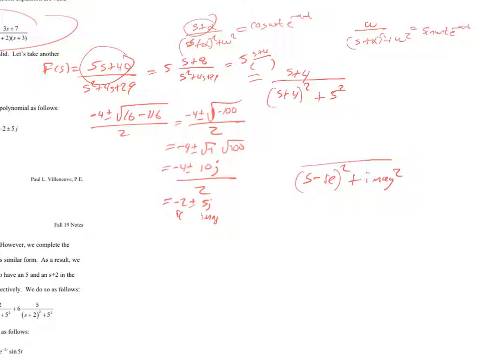What did I do with the rest of the 4? I still need to keep it. So plus 5 times 4 over the denominator. So this has a 5 out front, and then plus 4 over s plus 4 squared plus 5 squared. See how I broke those out? I just factored out the 5 right here, and then I have s plus 8. So I've got an s plus 4 and a remainder 4, so I just pulled that out to the other side.